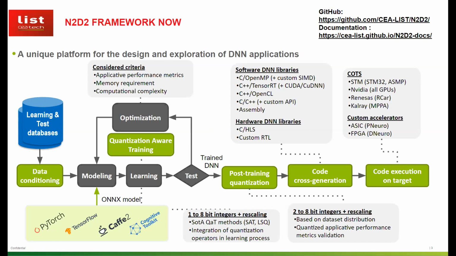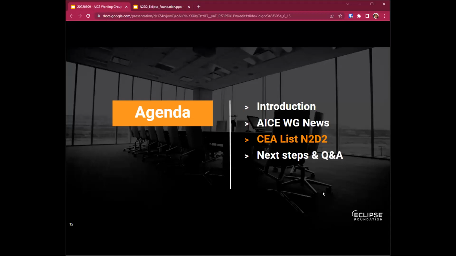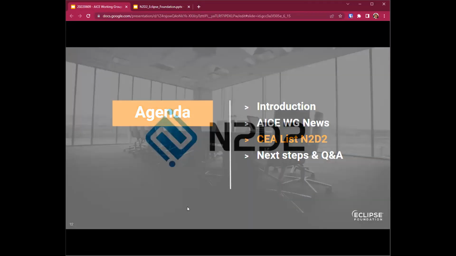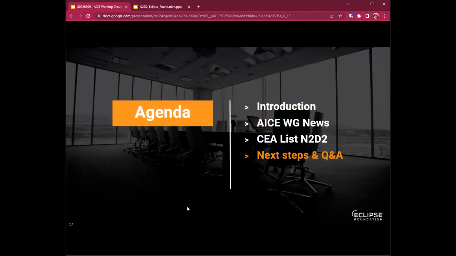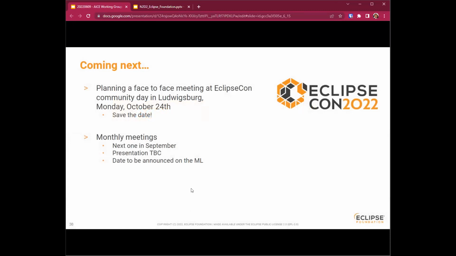Okay, I think we need to switch to the conclusion, Florent, because lots of us have meetings in 4 minutes. So, to come back to the presentation, what's coming next?